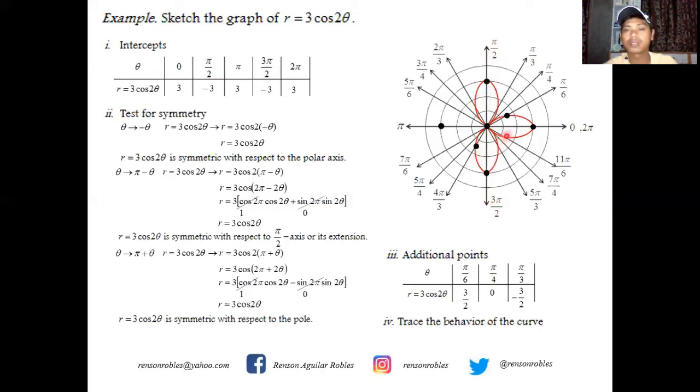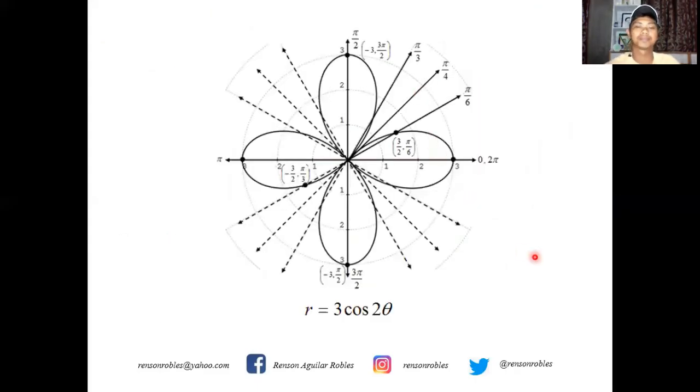So we now have 1, 2, 3 petals, and for the fourth and final petal, this curve will have a reflection over here. And that completes the four-petal curve r equals 3 cosine 2 theta, and it will look like this.